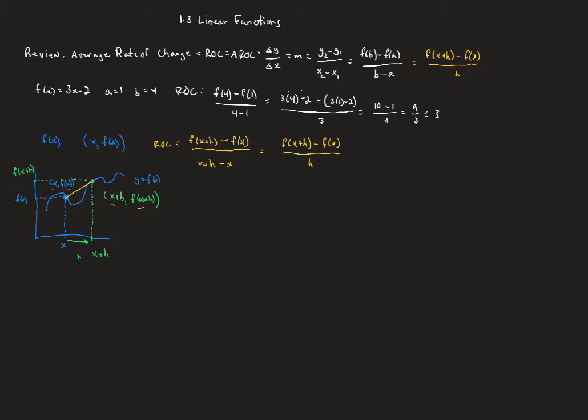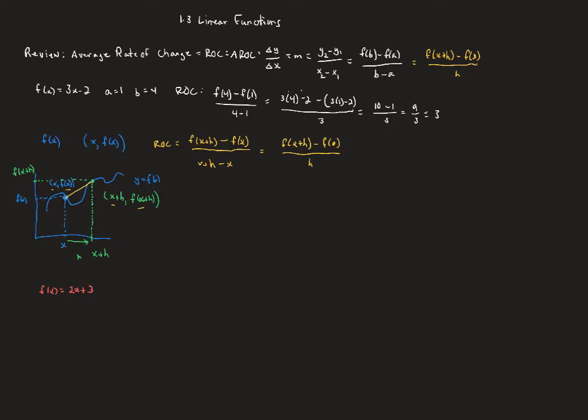So that's the first time we've seen this notation, but I've got a feeling it's not going to be the last. Let's do an example of what that might look like. Let's say our f of x is going to be 2x plus 3.